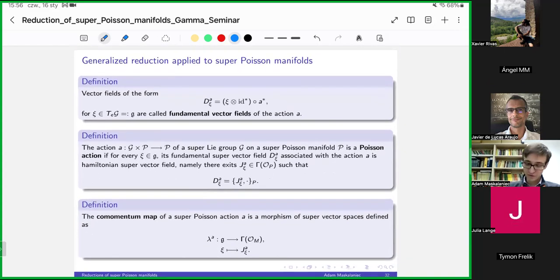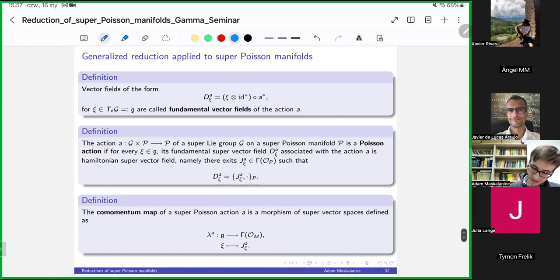And now let me once more lower the level of abstraction. And now we want to consider the fundamental vector fields induced by the action A. The action A is fully defined algebraically by the pullback of superfunctions. So we compose it with the tangent vectors to the super Lie group at the identity element, and we obtain fundamental vector fields in this algebraic way.